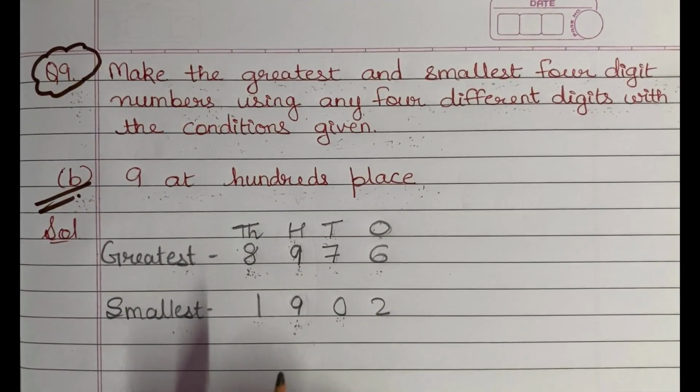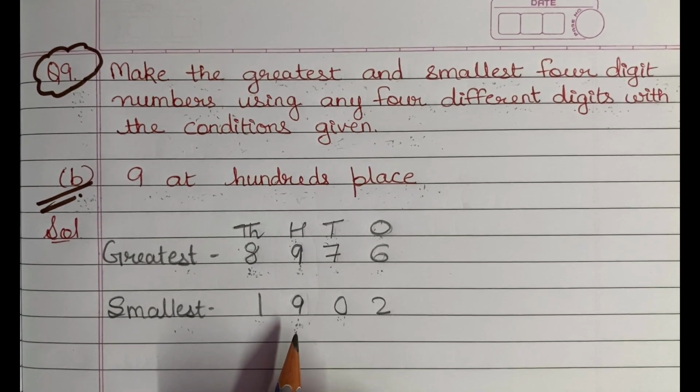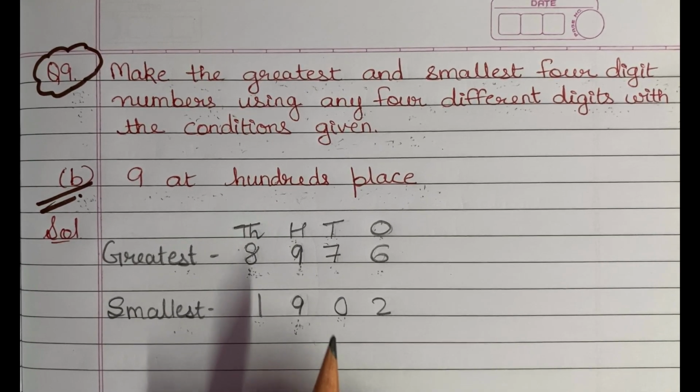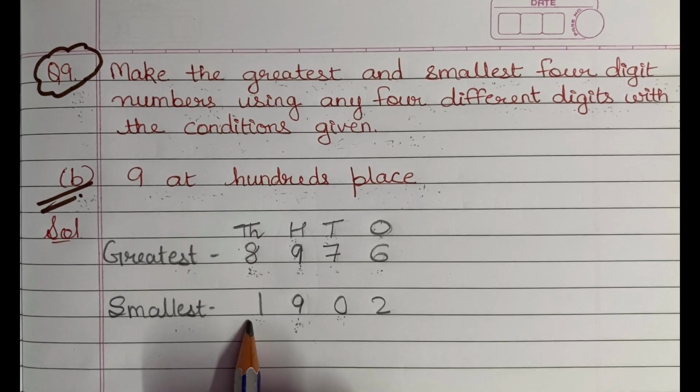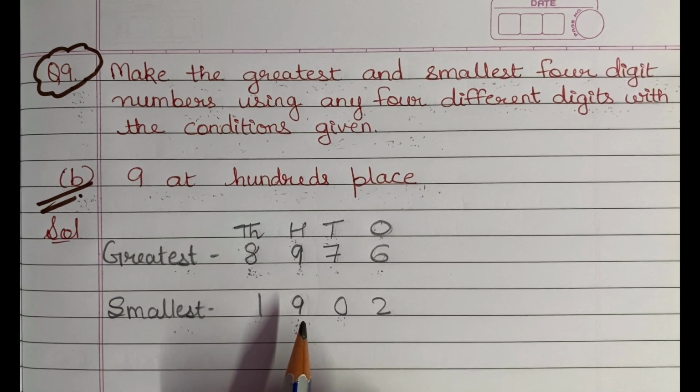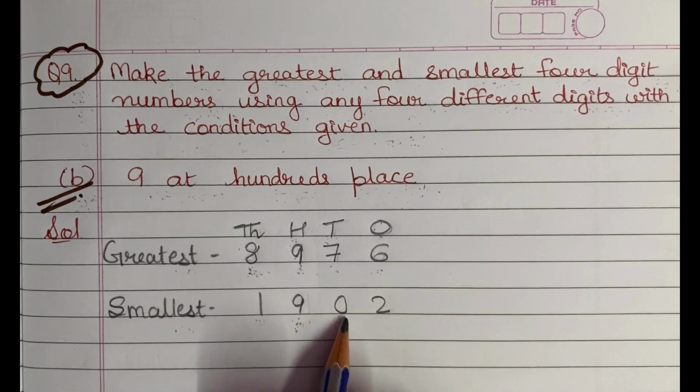Same way, we already know that 9 is at hundreds place, so we are left with 0 to 8. Also 0 cannot be placed at thousands place because we need a 4-digit number, but we can write 0 at the tens place, so we will write 0 at the tens place.